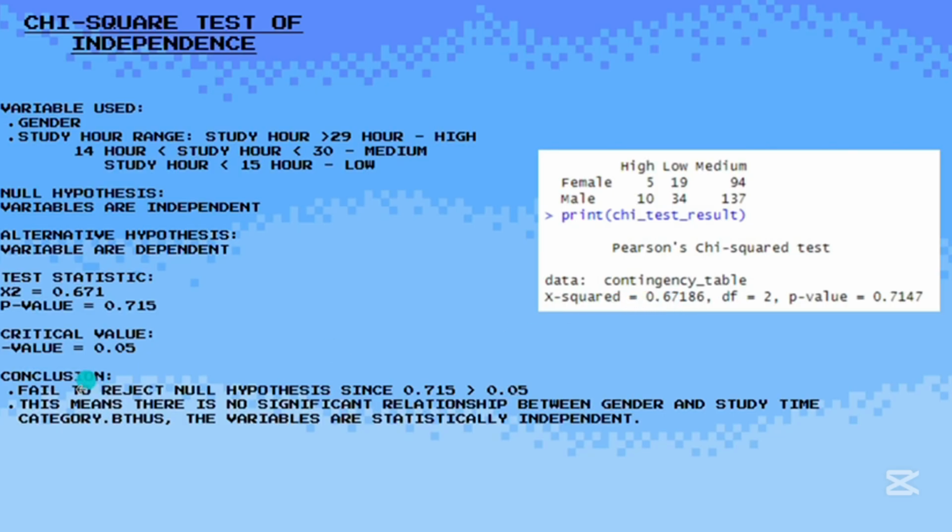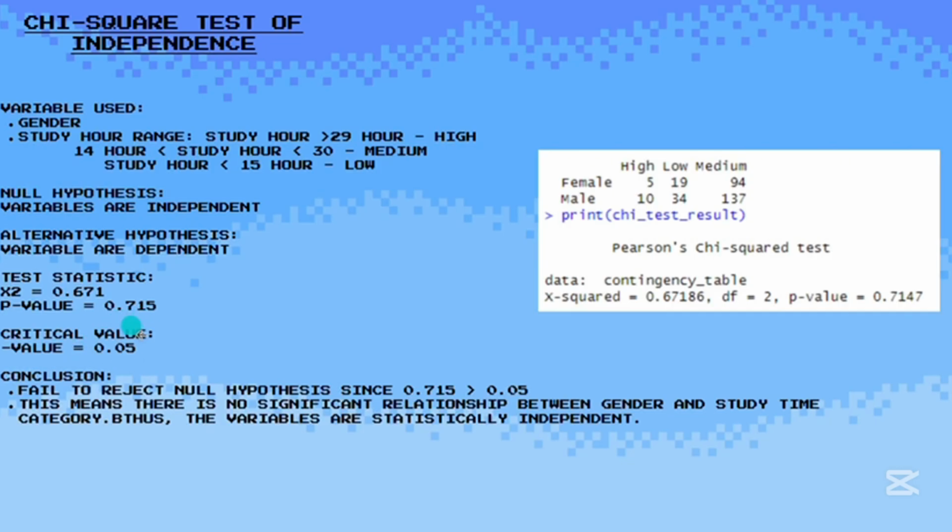For the p-value from the chi-square, we would use the chi-square test table, but we don't use it because we have the result from the programming, which is 0.7147, so 0.715.